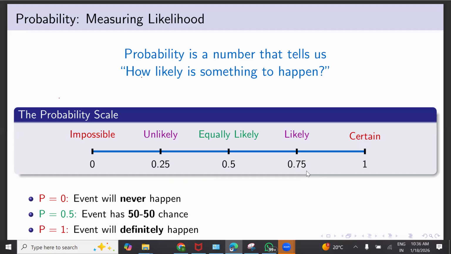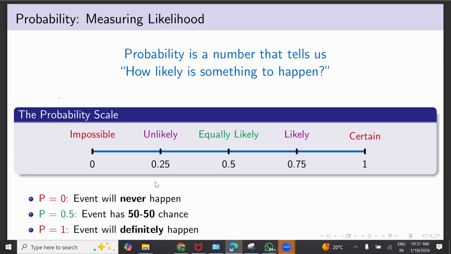Probability is basically measuring the likelihood. So probability is a number that tells us how likely something is going to happen, right? So the probability scale is how? Impossible, 0. It means the event will never happen. Unlikely, that is 0.25 probability.